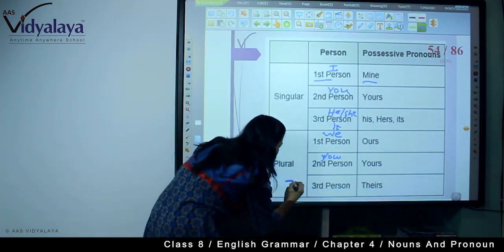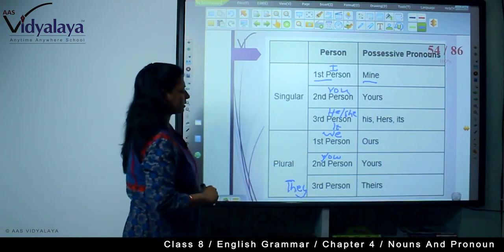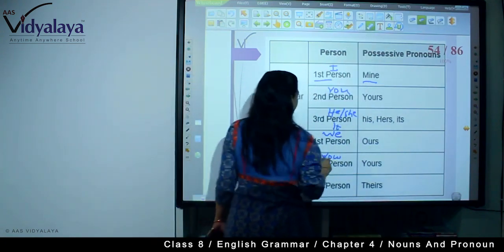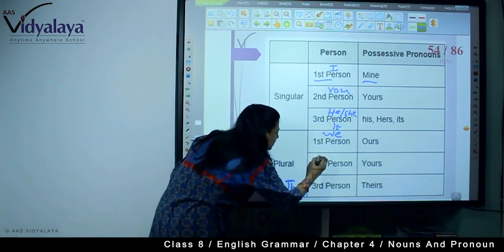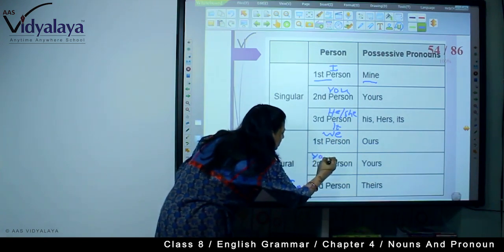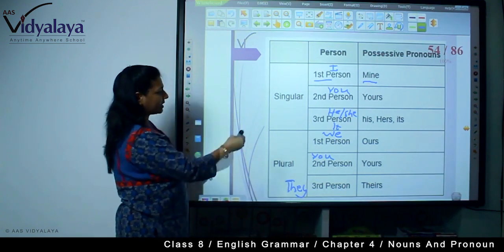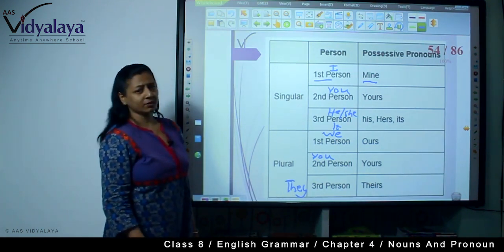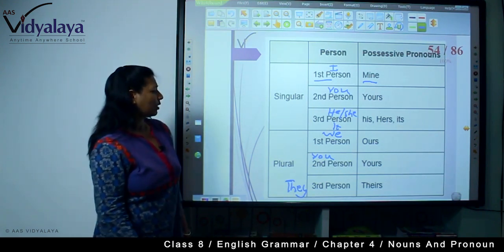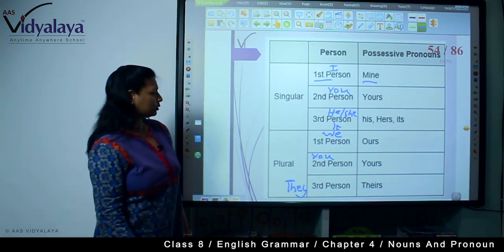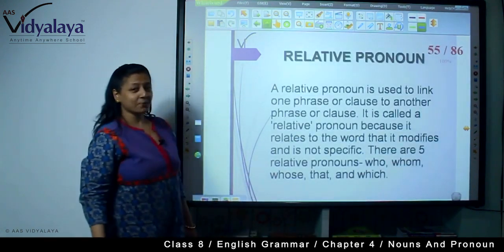So here you are seeing the list of possessive pronouns and the persons. I with mine, you with yours, he, she, it with his, hers, its, we with ours, you with yours, and they with theirs.